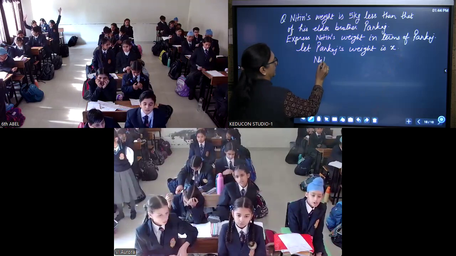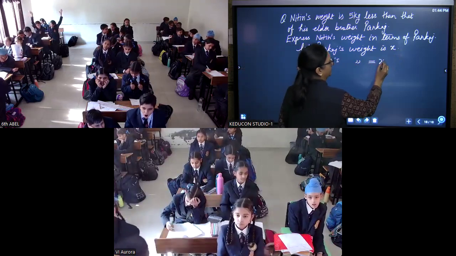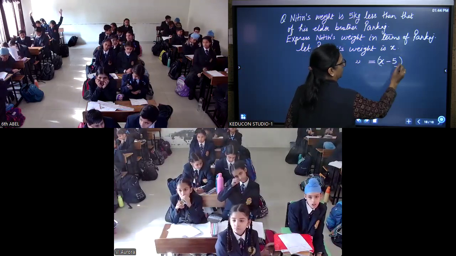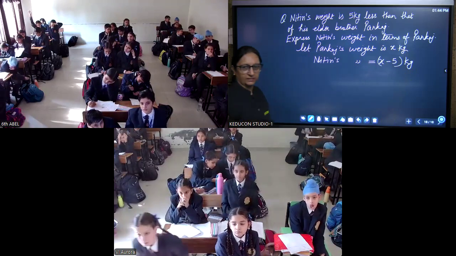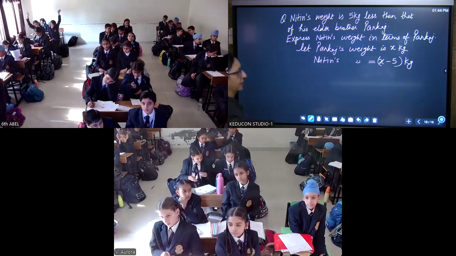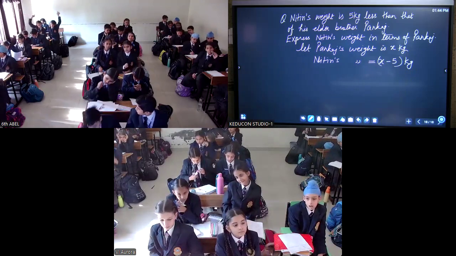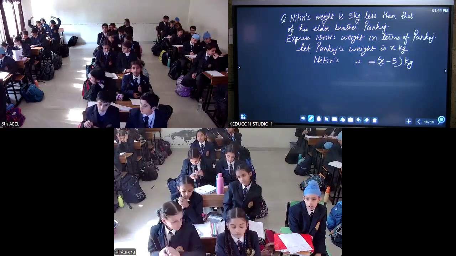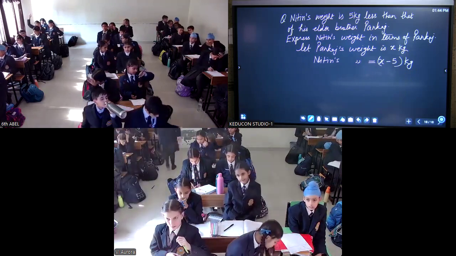Then Nitin's weight, they are asking, it will be 5 less than that. So it will be X minus 5 kg. This is X kg, this is X minus 5 kg. You have to write the unit also, which is very, very important. Okay, hands down, table section, hands down, beta. So in this chapter, you have to mention the unit also.